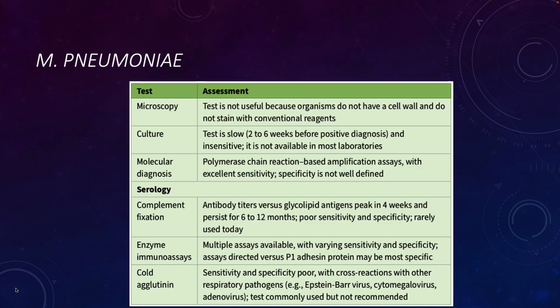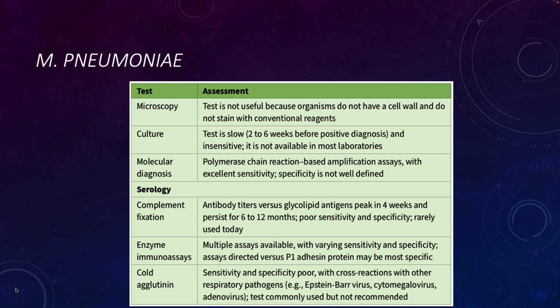So for Mycoplasma pneumoniae, microscopy is not useful. They don't have a cell wall, so they don't stain with conventional reagents. The majority of staining takes advantage of the cell wall. It can be cultured, but it's slow and not available to most laboratories.